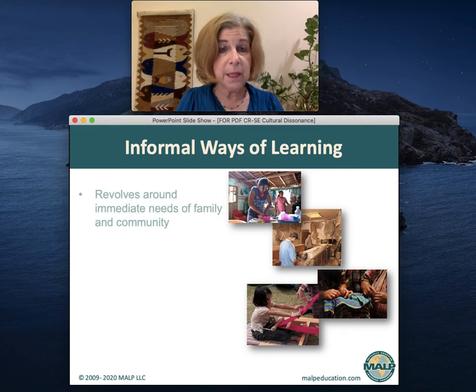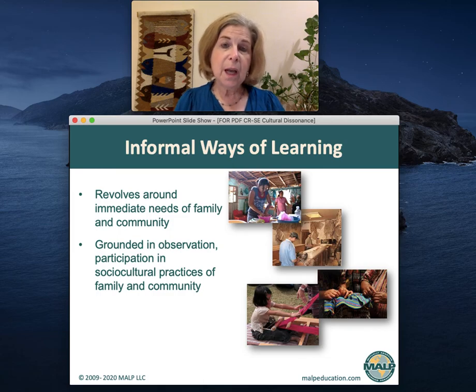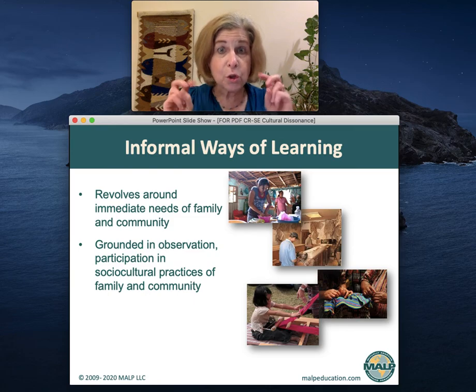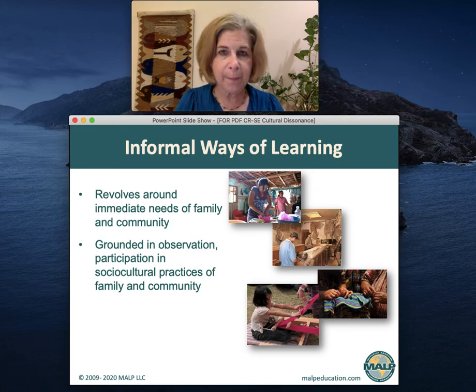They do it as soon as they can. So it's the immediate needs of the family and the community, right? And it's grounded in observation, participation, and they learn the practices of their community. That's how they're schooled, right? Informally, with no particular timetable.